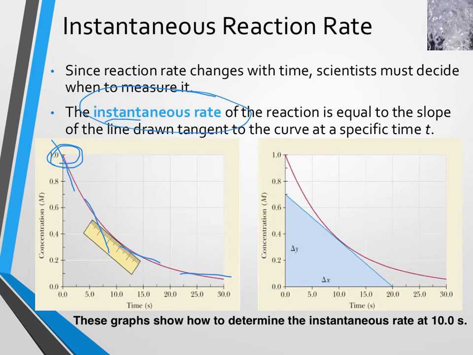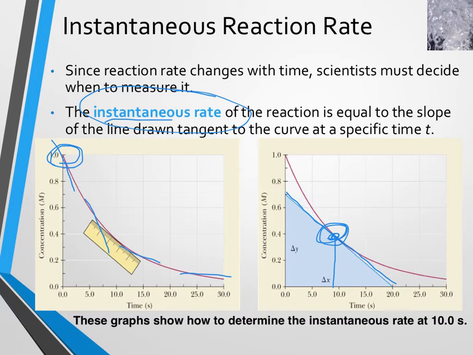The instantaneous rate is found if you draw a line tangent to the curve. So this would be a line tangent to the curve. It just touches the curve in one place. So this, for example, would be the instantaneous rate at the point at which it touches, which in this case is, I don't know, 9 seconds or something.